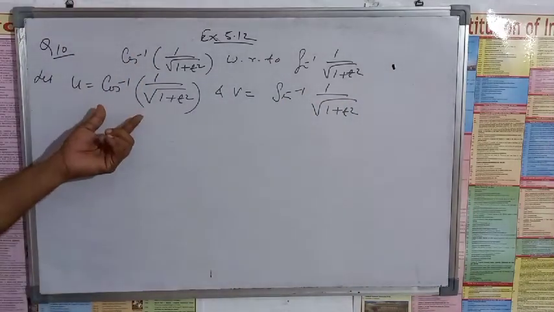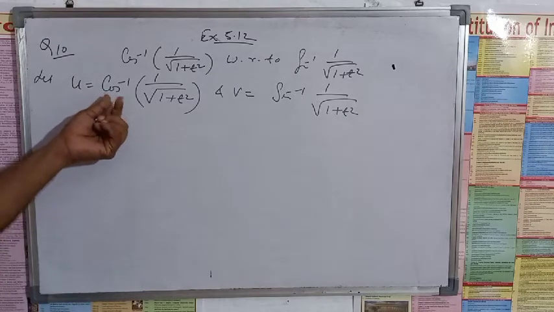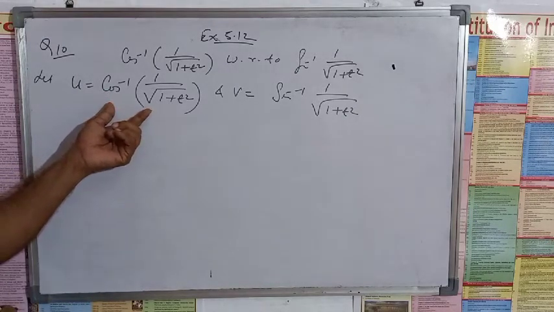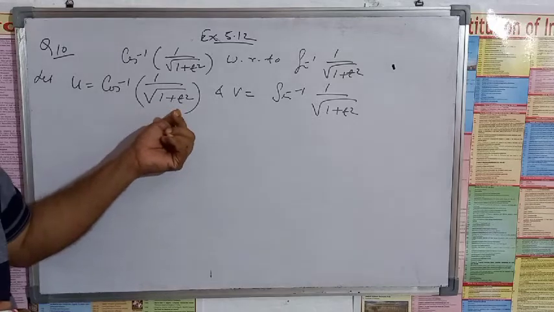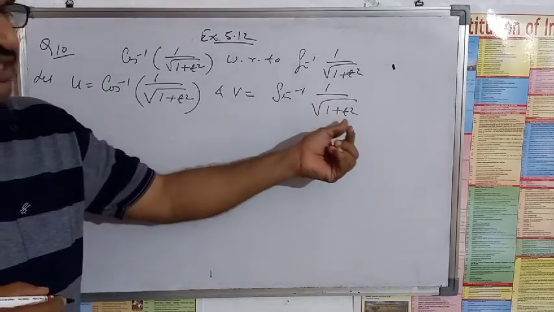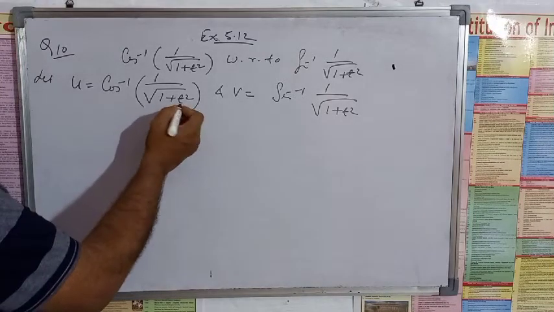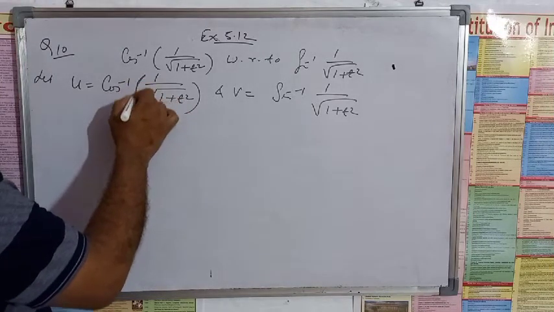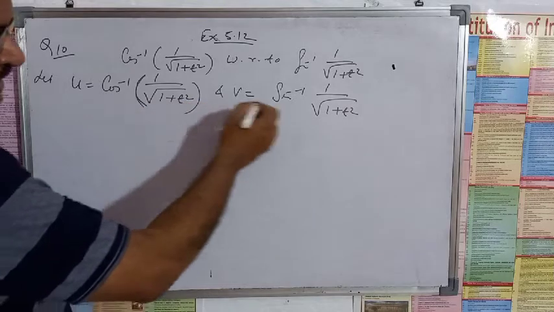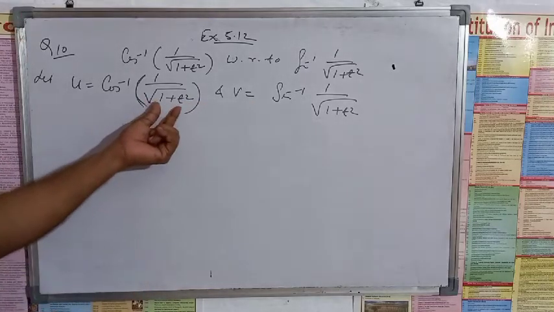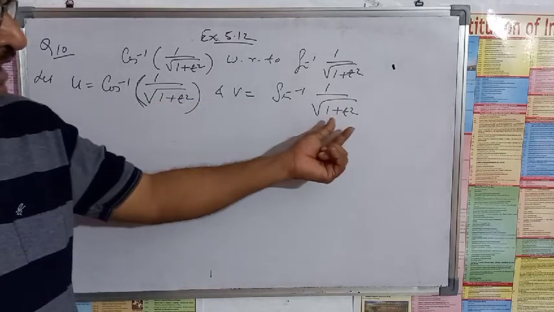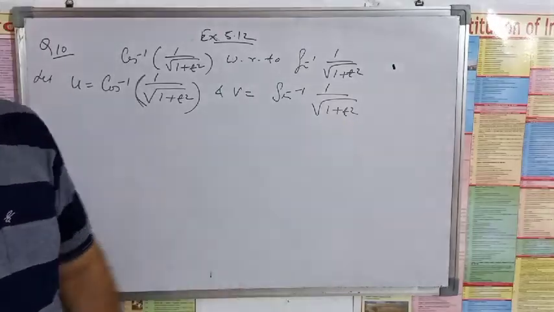So it is an inverse trigonometric function. We will apply the properties of inverse functions: cos inverse cos x is equal to x, sine inverse sine x is equal to x. So we have to put some substitution in place of t so that we can bring this side in terms of cos and this side in terms of sine.